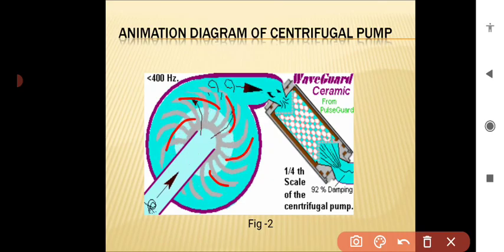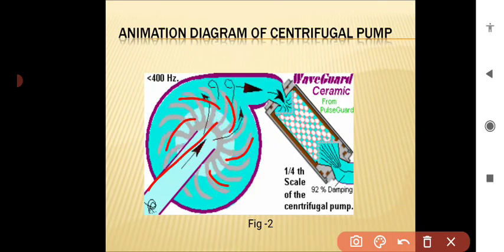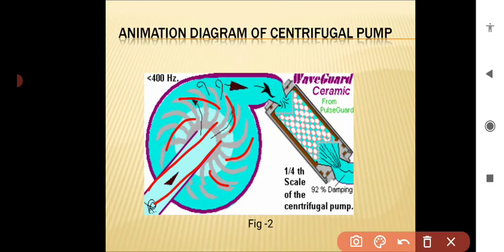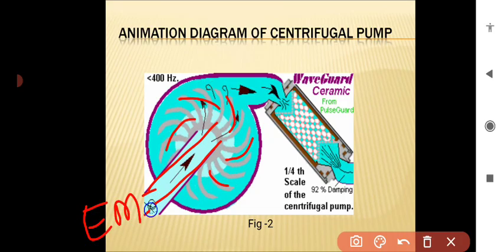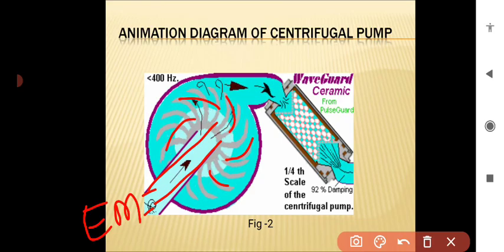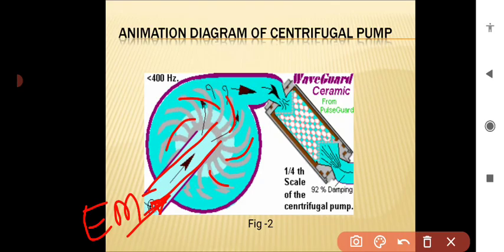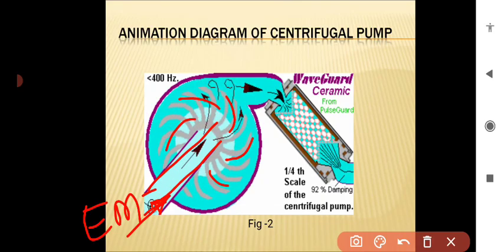The impeller is mounted on the shaft. This shaft is coupled to an electric motor. The impeller rotates when the power supply is given to the electric motor.